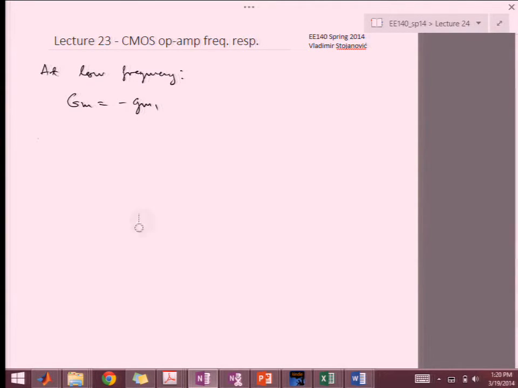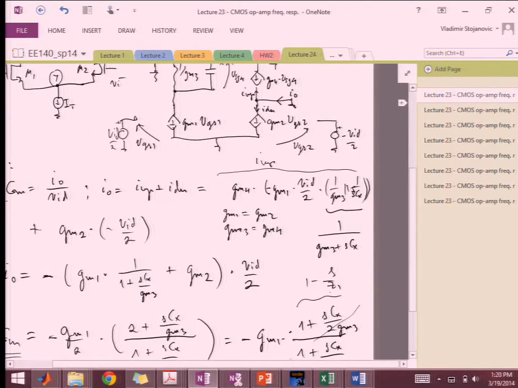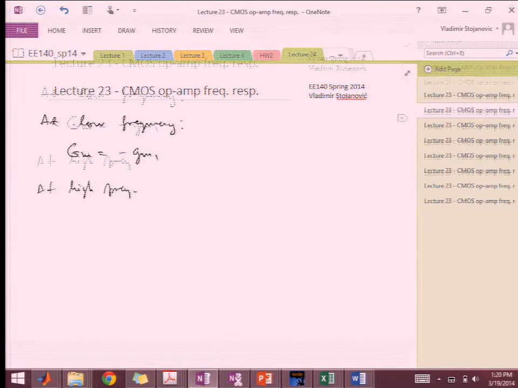But at high frequency, if j omega or S is really high, then these ones don't matter. So GM3s will also cancel out, and you're just going to get GM1 over 2, or minus GM1 over 2.